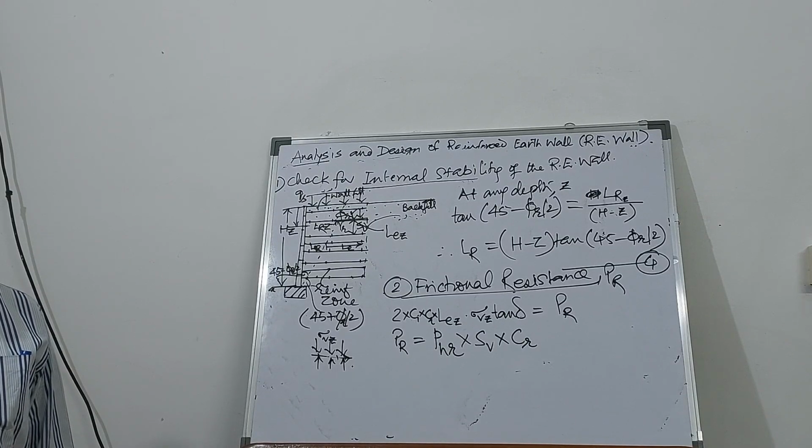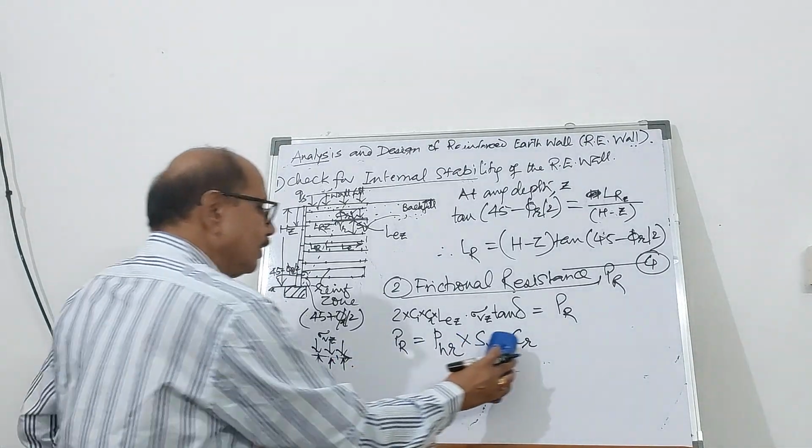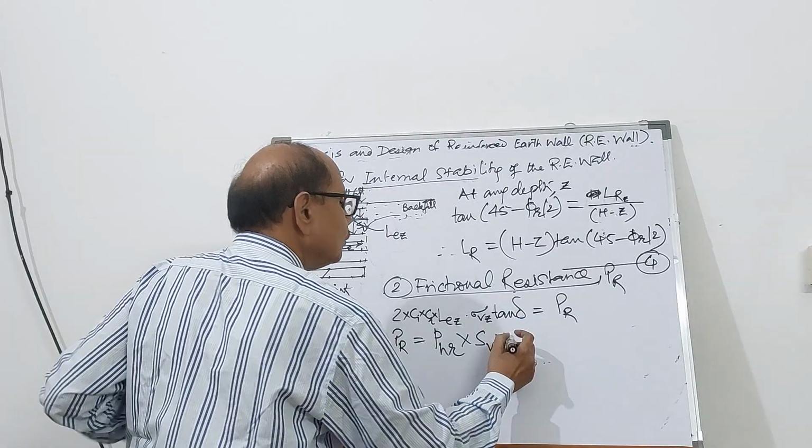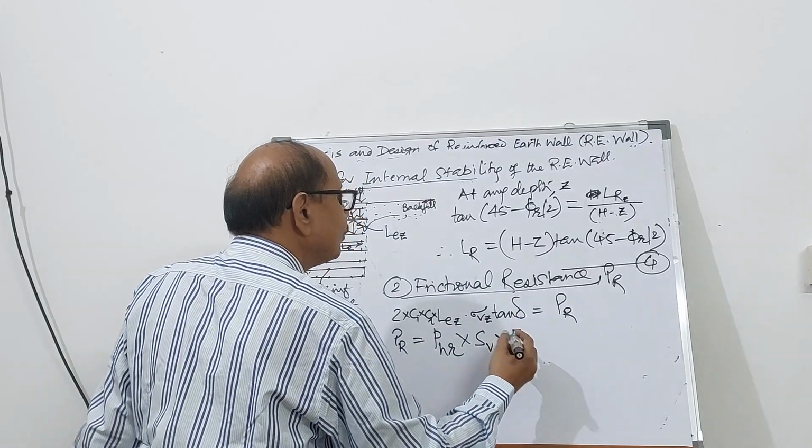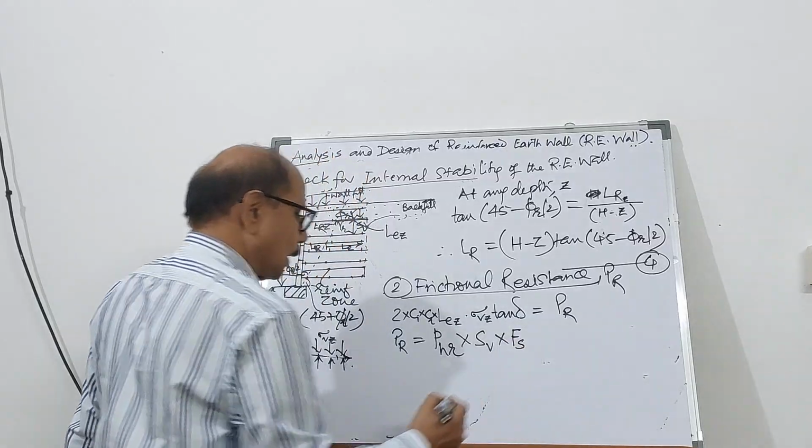Friends, this is very important that there is no factor of safety multiplied here. Multiplied by factor of safety.